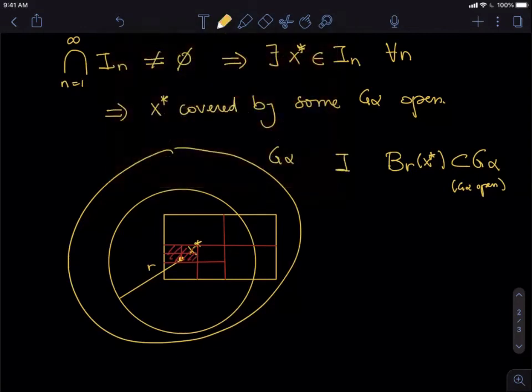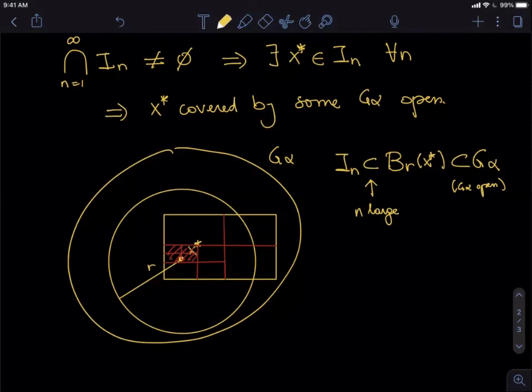What is happening here is that IN is going to be contained in B_R of X star for n large enough. Remember I'm subdividing and subdividing and subdividing. So at some point I'm operating really, really close to X star, to the point that there is no way to distinguish from a certain distance the subcell from the point itself. So it will for sure be inside this ball, and definitely inside of the G alpha.